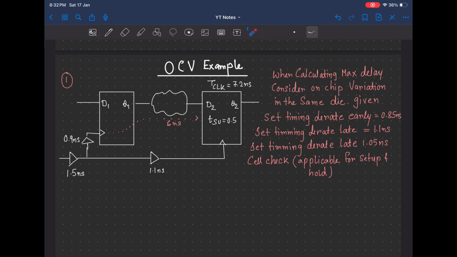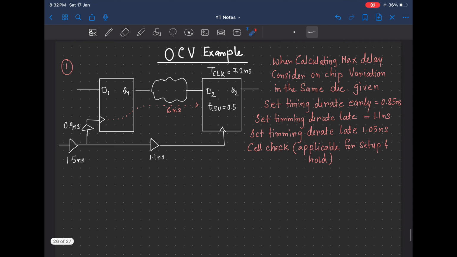When you go to solve, this kind of information is mentioned: derate early is 0.85 nanosecond, 1.1 for the derate late, and the cell check derate.